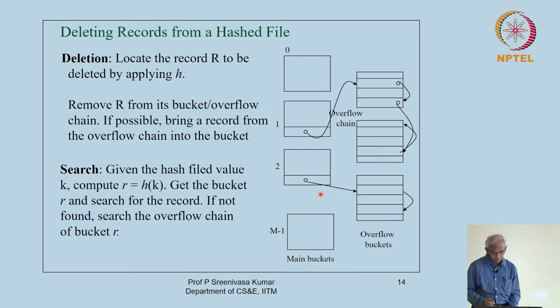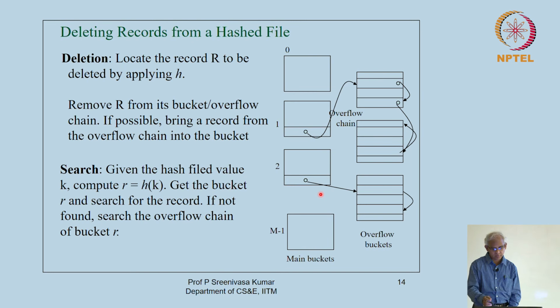Now, we have looked at what is called a primary file organization, which is the logical method by which we organize records into a file. One of them is sorted files, the other one is hashed files.